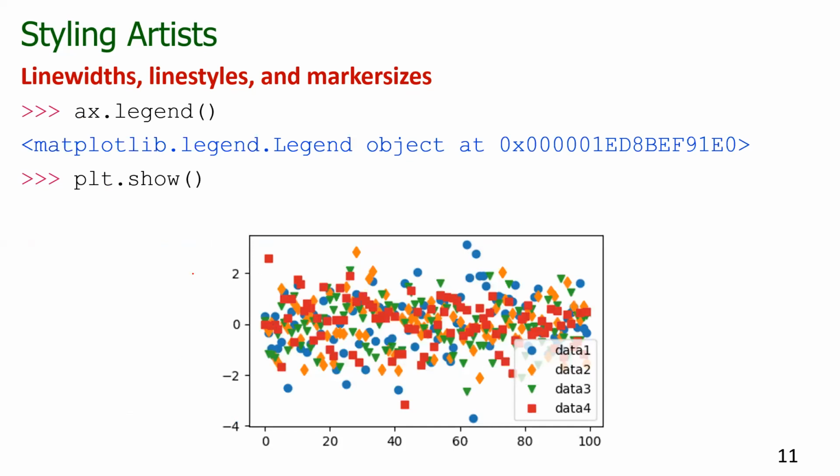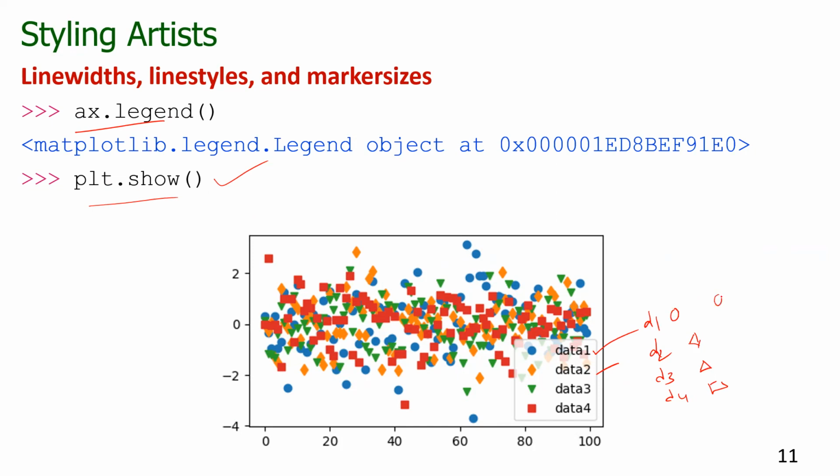Then call the legend to discriminate, ax.legend. Then plot.show. Here you can see data 1, this is circle. Data 2, this is diamond. Data 3, this is triangle. Data 4, this is square.